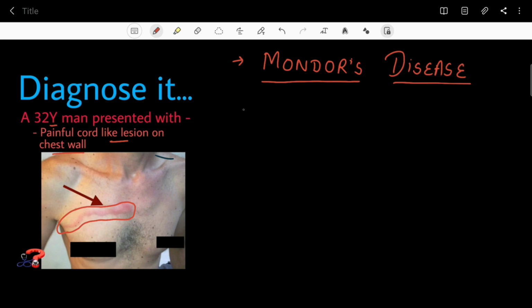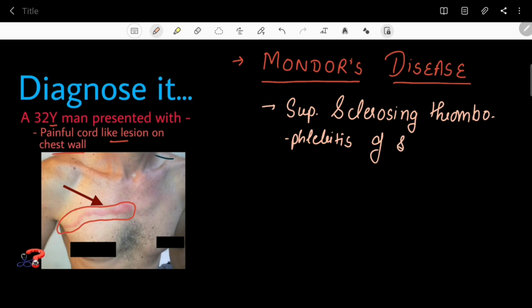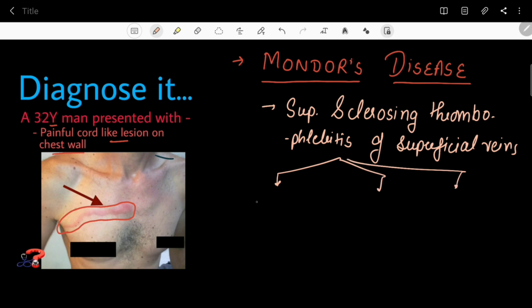So firstly, starting with what it is. Well, this is basically a superficial sclerosing thrombophlebitis of superficial veins, and these veins can be in different locations in the body. It can involve the anterior chest wall, like here in this case. It can involve the penile veins, so that can be penile Mondor's disease.